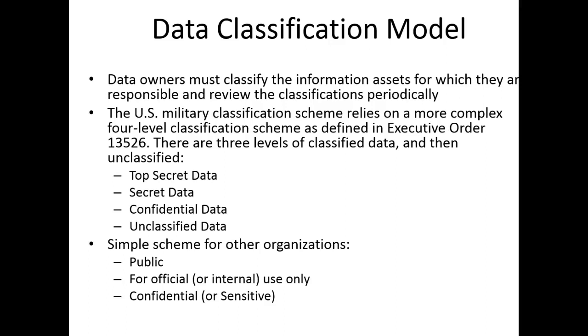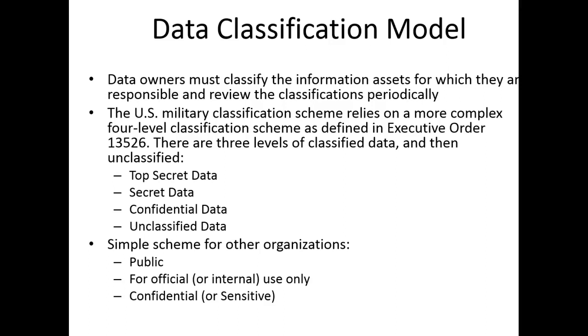Other organizations that are working outside of national security don't need this type of detailed classification that is used by the military or federal agencies. They might still find it necessary to classify data to provide protection.